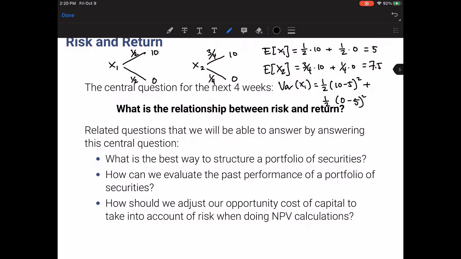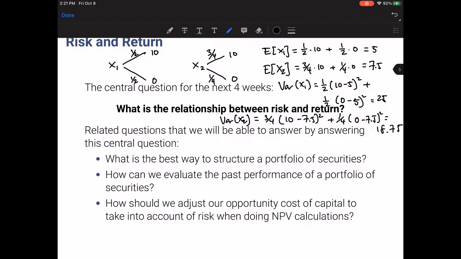And that's going to give me 25. Similarly, the variance of x2 is going to be 3/4 times the demeaned value of the asset when it goes up, squared, plus 1/4, the same thing but with 0 now. And that's going to give me 18.75.